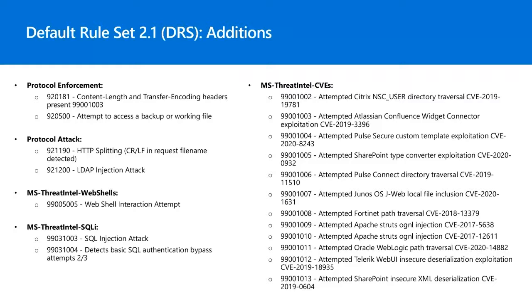Any new CVE that we identify that could potentially impact your web applications, we immediately throw into this rule group here. And so for DRS 2.1, these are the additional rules that have been added compared to DRS 2.0.